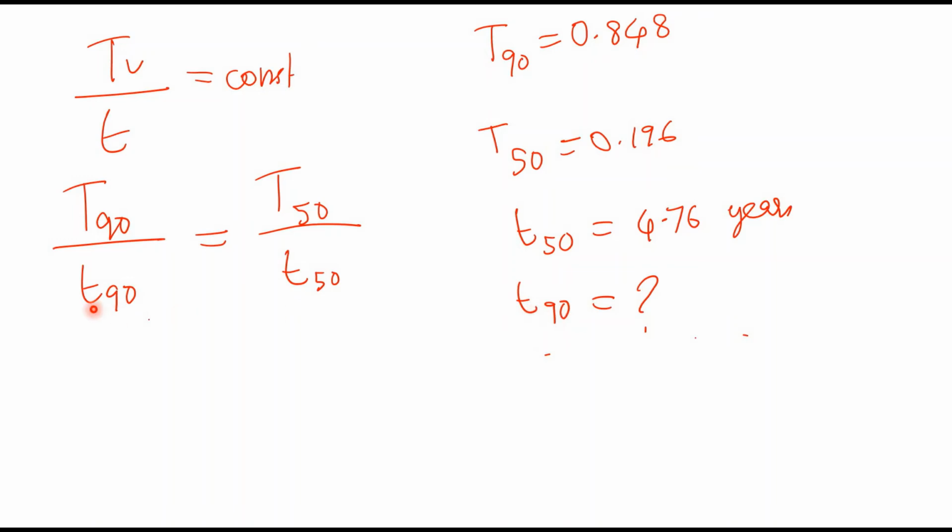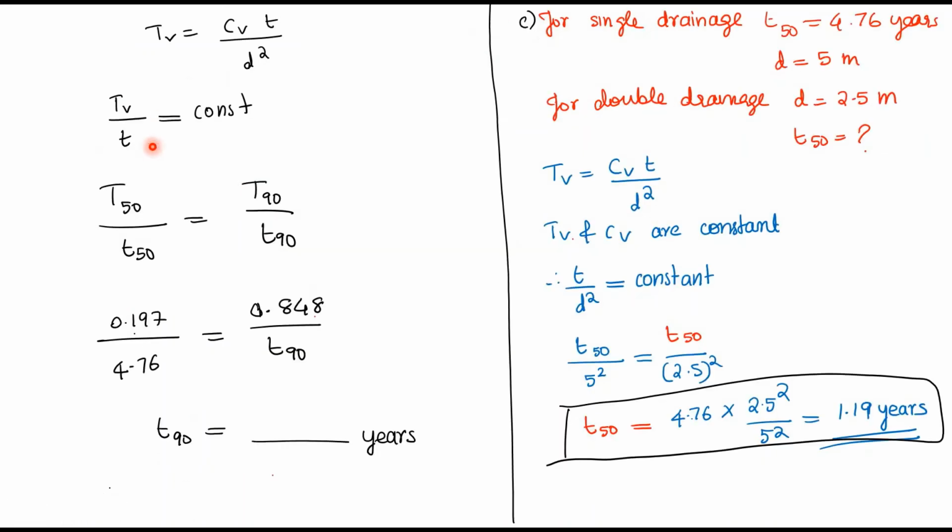When we cross multiply, T90 will become 0.848 into 4.76 divided by 0.197. The value is coming around 20.4 years. Okay, so that was the second question.